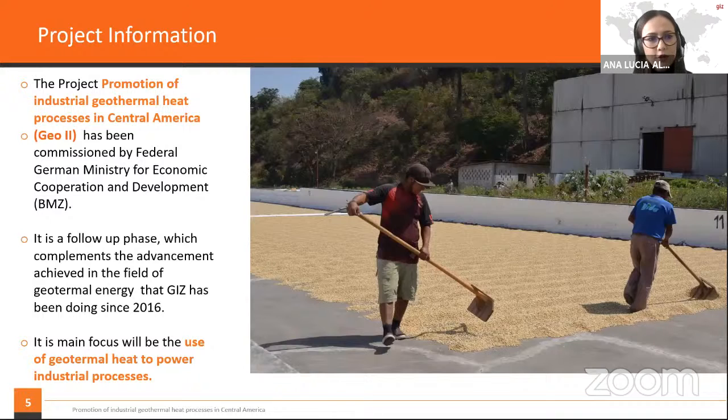It's part of a follow-up phase of what we have done in the first years, as I mentioned. And we hope to have good examples by the end of this second phase to share on the ground with you and demonstrate the uses of this heat.